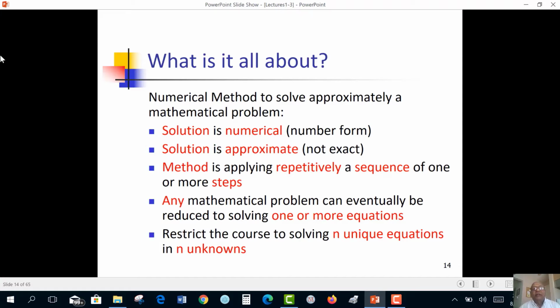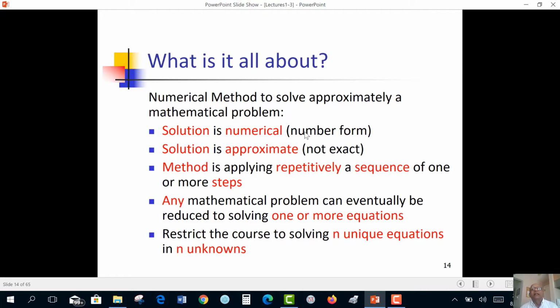Numerical method is basically a method to solve approximately a mathematical problem. So what does it mean? The solution is numerical, so it is in a number form. Suppose you are looking for A, it does not say A is equal to pi cubed over 6.